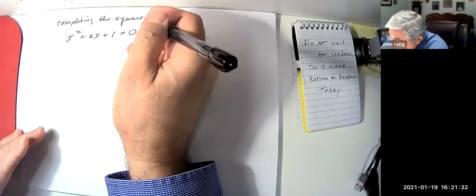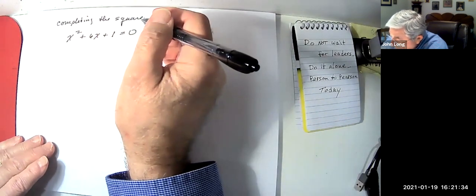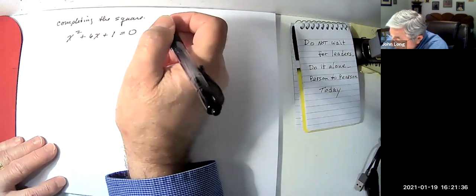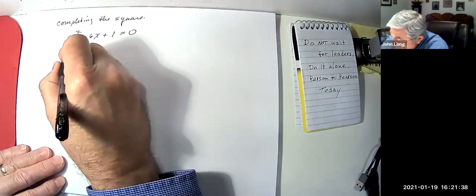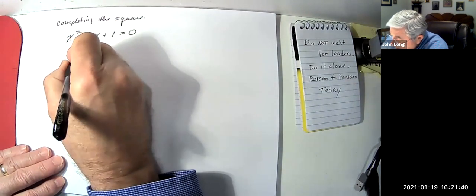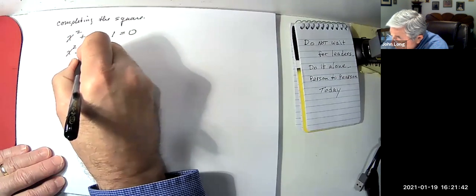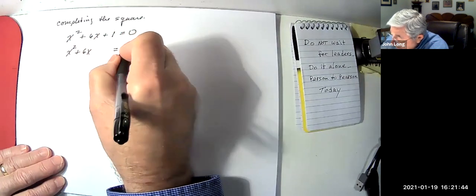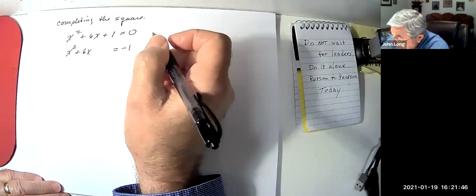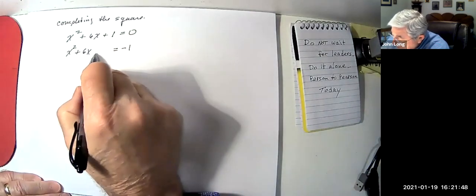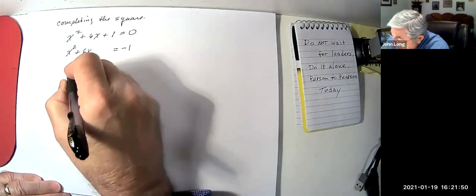You couldn't factor that. And you could use the quadratic formula, but another technique for doing this is completing the square, where you write this as x squared plus 6x equals -1.